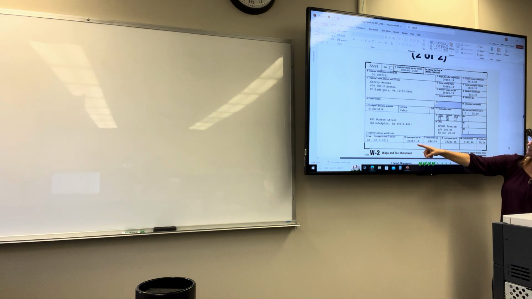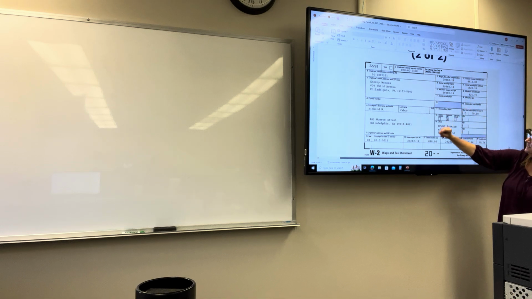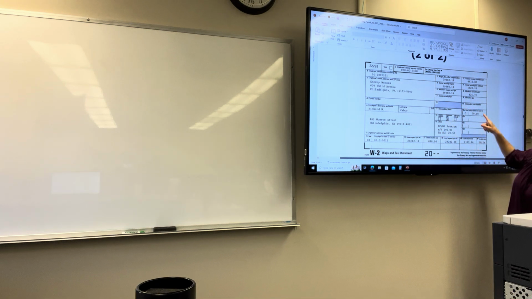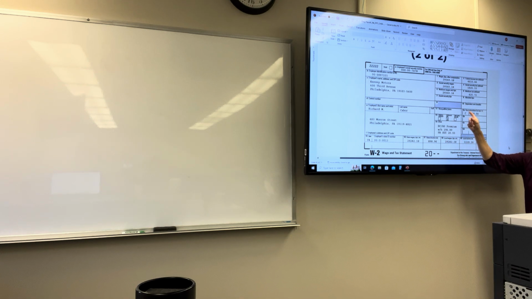So for state purposes, and that's possible, 29,282.18, 29,360.18. So this $78 was pre-tax for state purposes, but not pre-tax for federal Social Security and Medicare tax purposes for whatever reason.